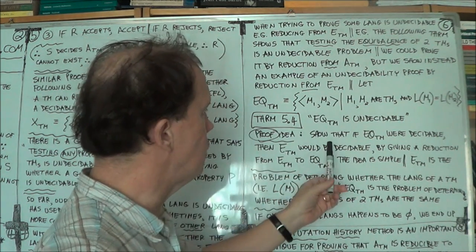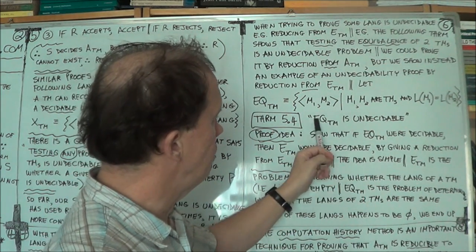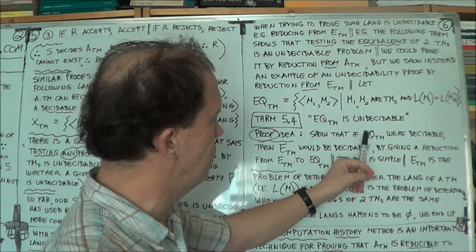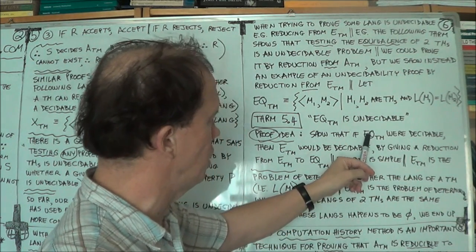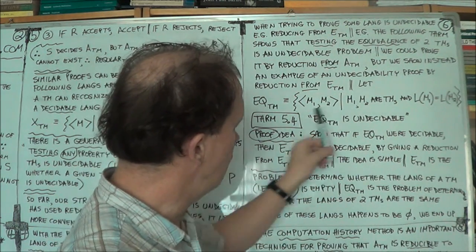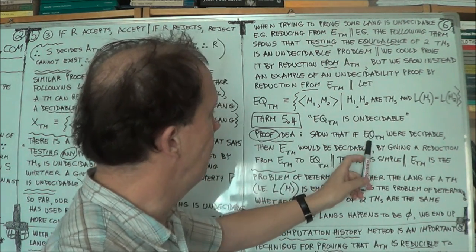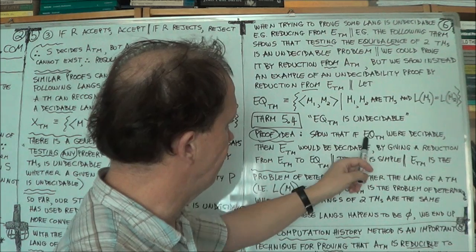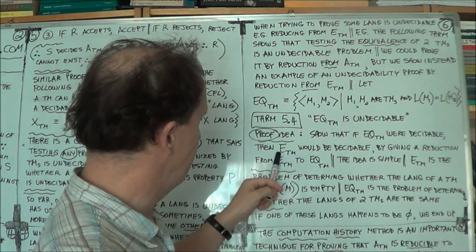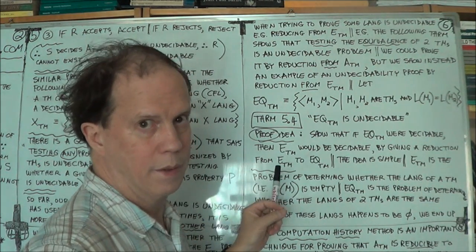So here's the strategy. We'll assume the opposite, proof by contradiction. We'll assume that EQTM is decidable, therefore there'll be a Turing machine that decides it as usual. And the main idea will be if this is decidable, then this will be decidable.